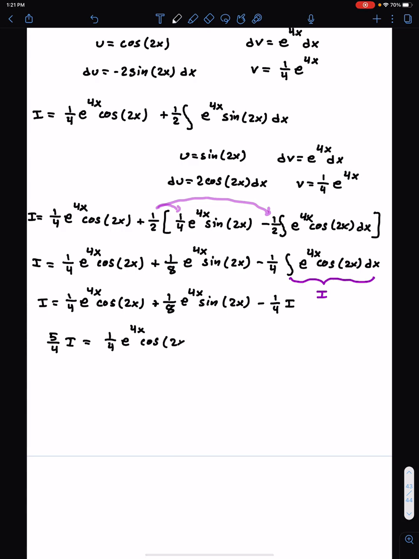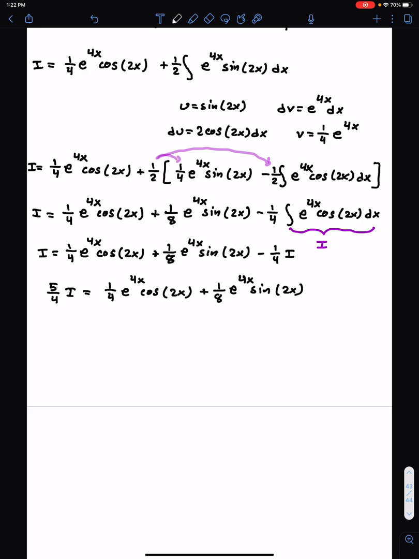e to the 4x cosine 2x plus 1/8 e to the 4x sine 2x. To get I by itself, I'm going to multiply both sides by the reciprocal.